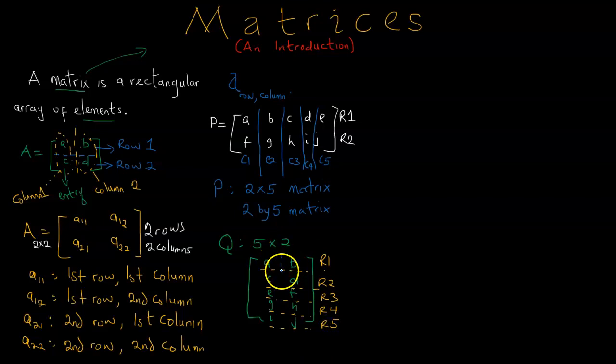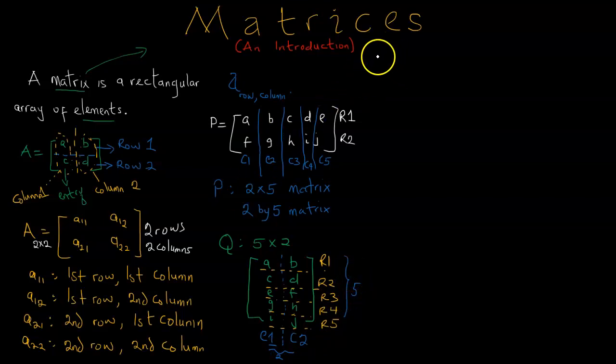And also introducing a vertical slash, this is the first column and this is the second column. So I've got 5 by 2.